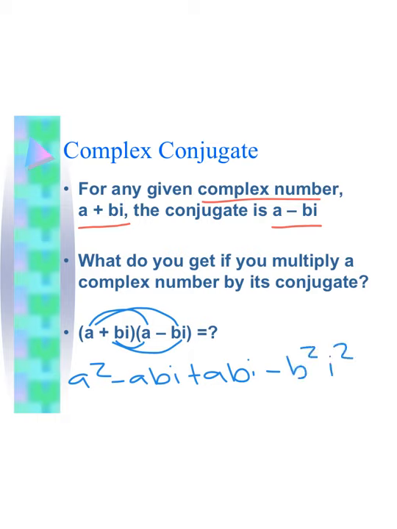We can see that the minus abi and the plus abi are going to cancel themselves out. And we discussed in the last example that i squared is the same as negative 1. So when I multiply negative 1 times a negative b squared, I now get a squared plus b squared. And this is always going to be the case when we're multiplying a number by its conjugate. We can just take our a and our b values, square them, and then find the sum.